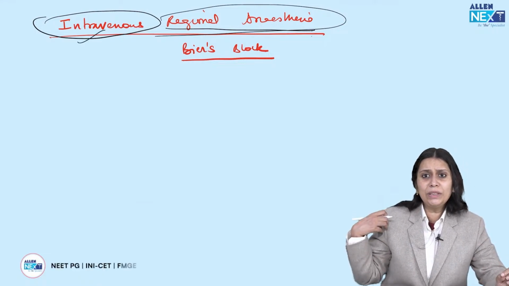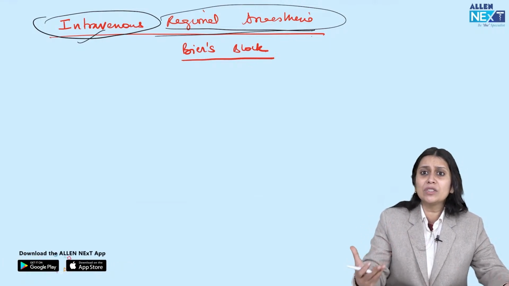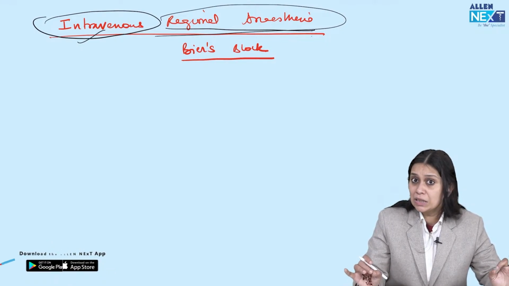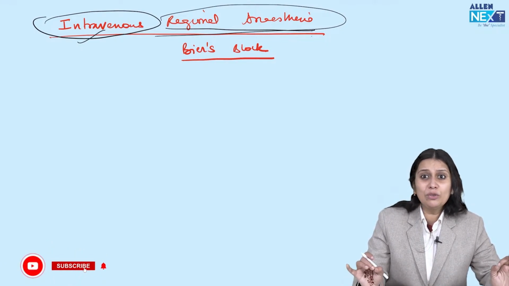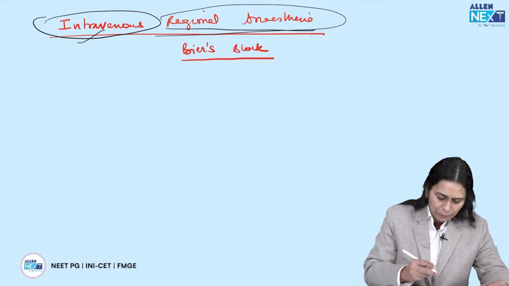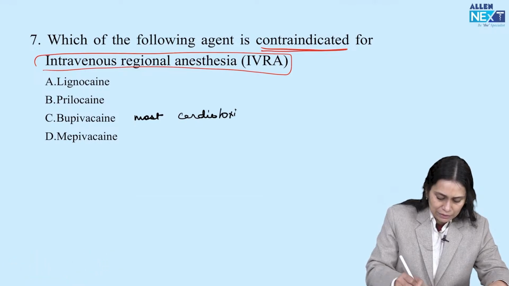Well, if this tourniquet opens, there's a risk the drug can go into systemic circulation. So always there is a risk of systemic toxicity. So we try to use the safest LA, which is lignocaine. And we try to not use unsafe LA, which is bupivacaine. So remember, bupivacaine is most cardiotoxic, and this is contraindicated for IVRA.